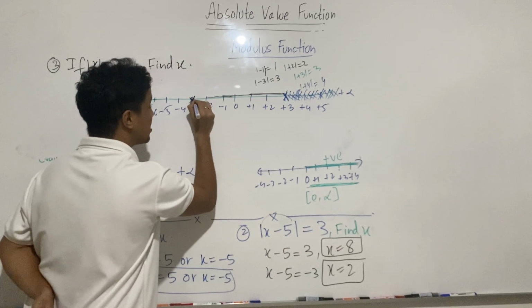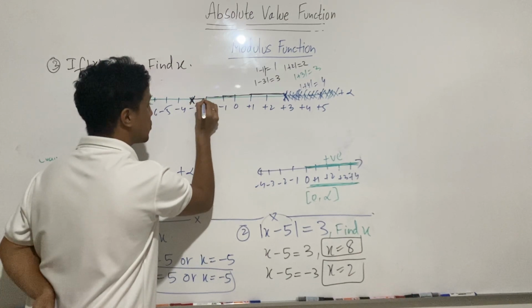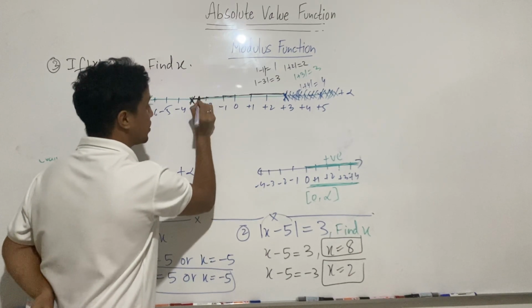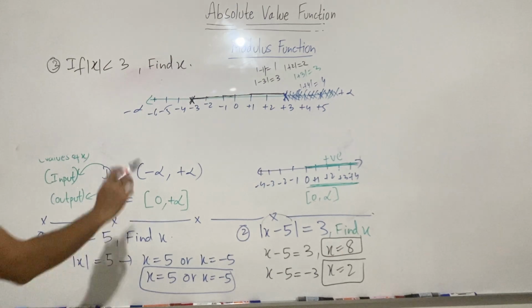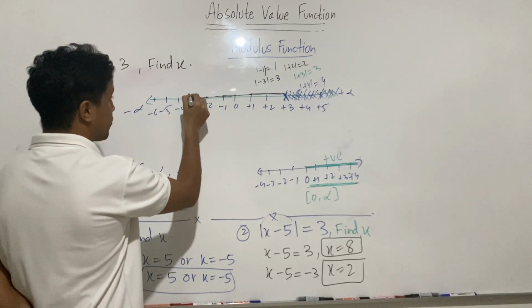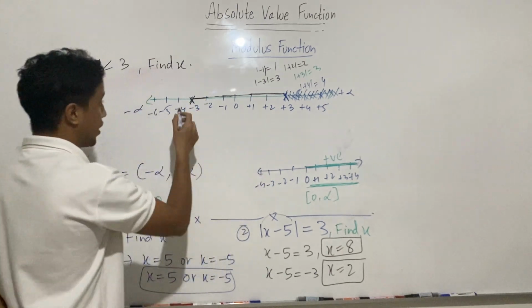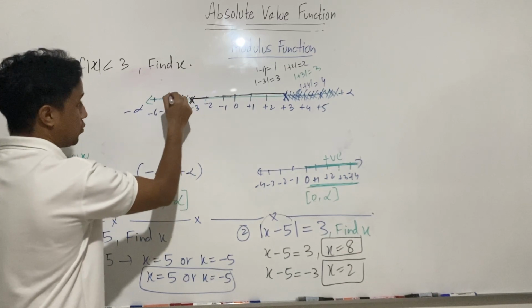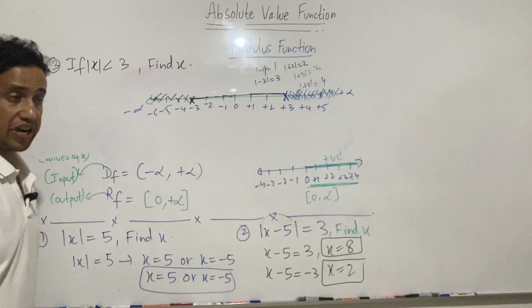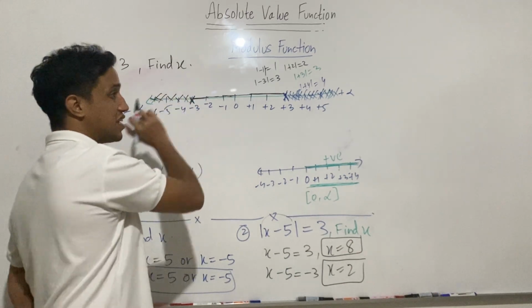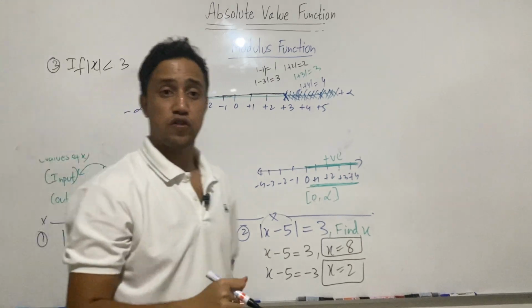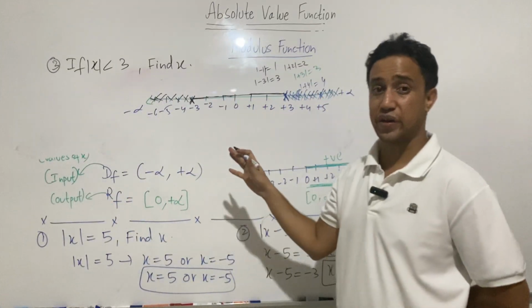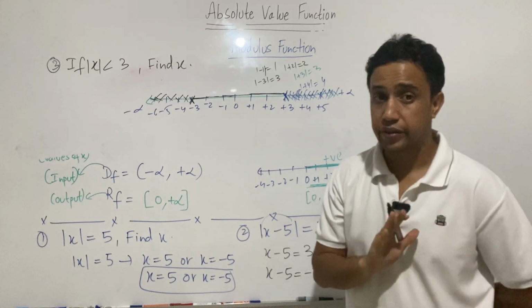It means just less than 3. So it's going to be from here to here. And all these inputs will be rejected, because when you put these as inputs, your absolute value function is going to be greater than 3, which is not needed.